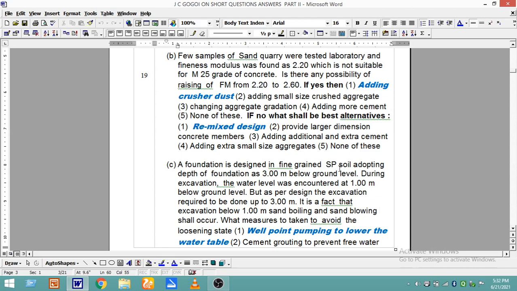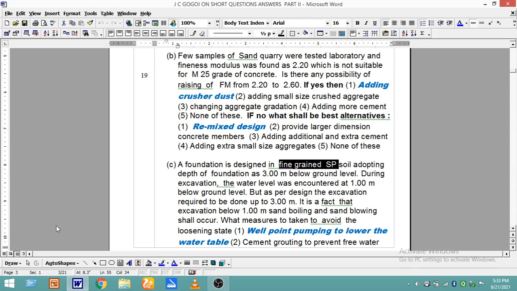When we excavate below the water table in this type of soil, fine grain SP soil, these are very small particles. In case of cobbles and boulders, excavation below the water table will not be any problem.